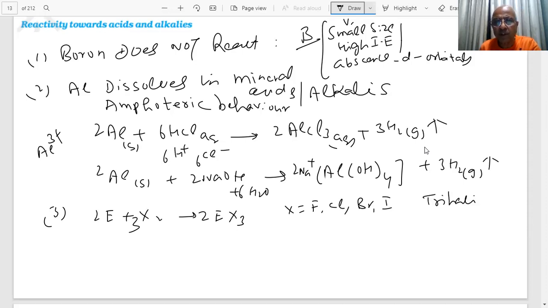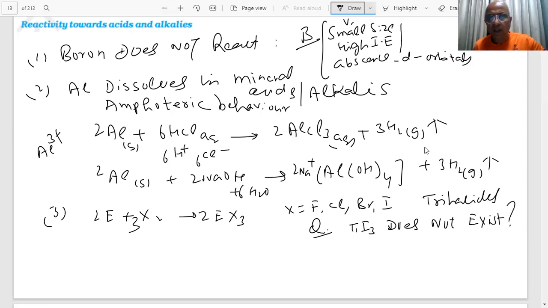But student, the question was this: TlI3 does not exist. This question was given in the paper, student. What is your answer?